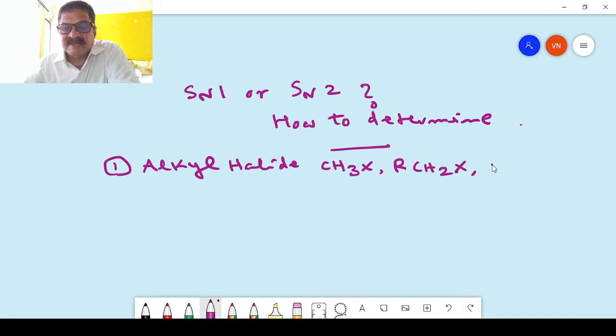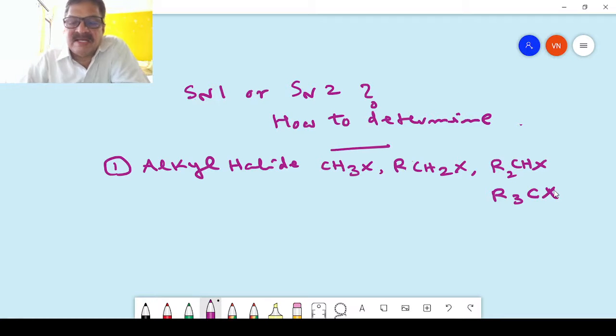Then we have a secondary alkyl halide. Then we have a tertiary alkyl halide, R3CX. So the different types of alkyl halides are there. Now, the identity of the alkyl halide is an important factor determining the mechanism of the reaction.